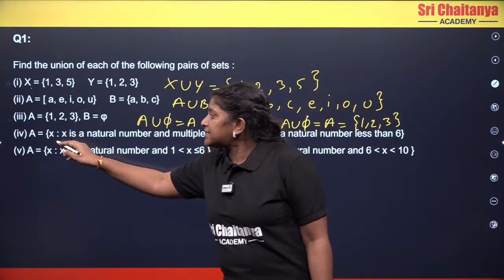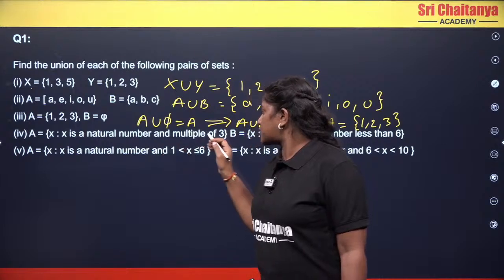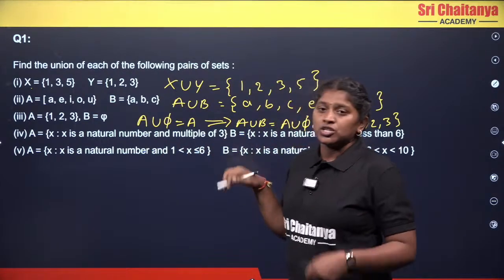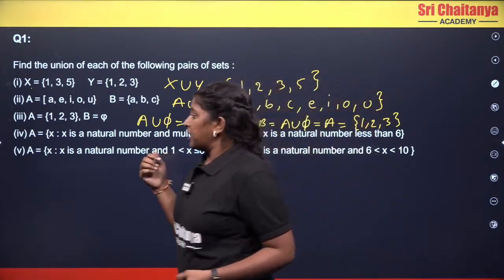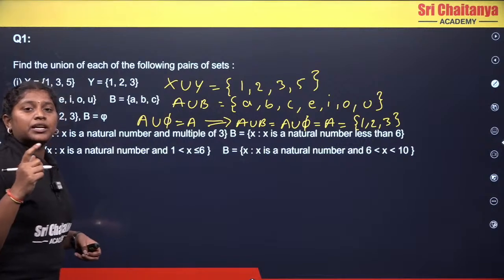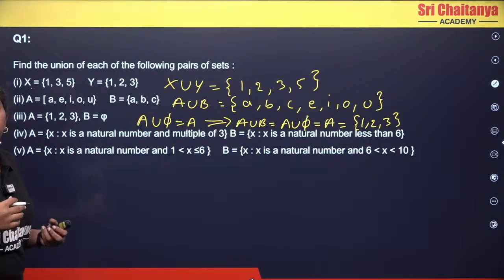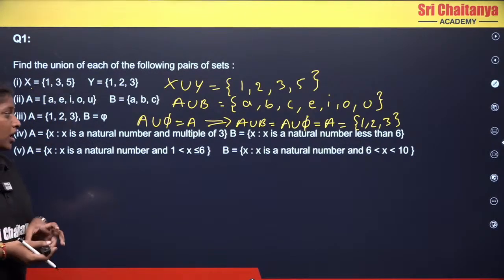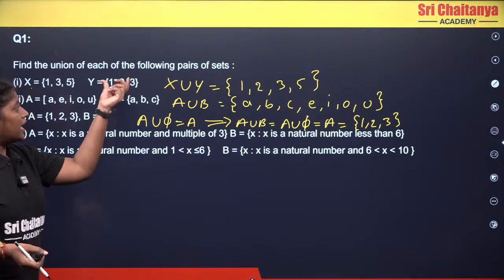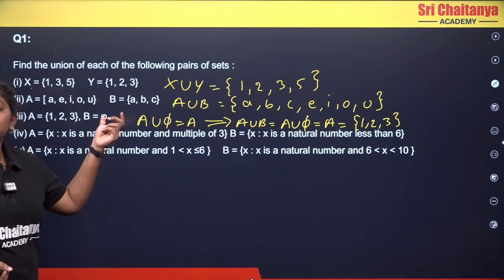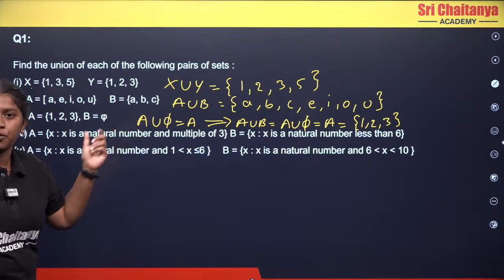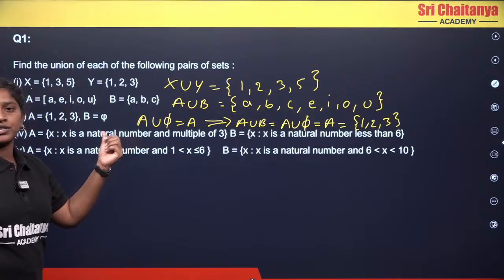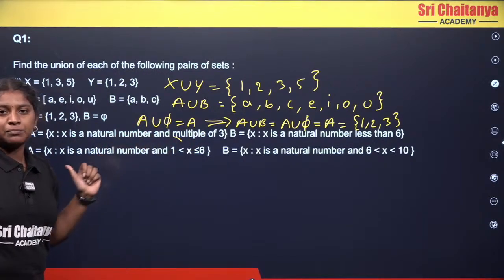We have A as the set of x, where x is a natural number and a multiple of 3. You can remember that in our previous class we discussed the representation of sets. If you observe clearly, in the first 3 questions the sets are in roster form. But in the 4th question, they gave the set in set builder form.